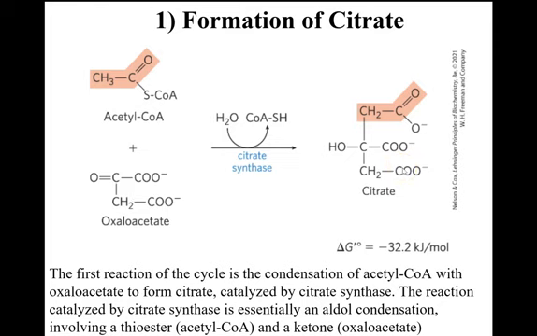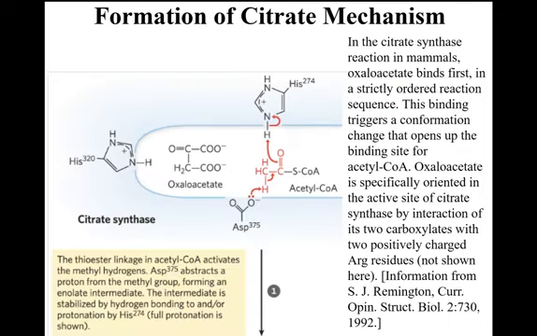So the first reaction of the cycle is the condensation of acetyl coenzyme A with oxaloacetate to form citrate, catalyzed by citrate synthase. The reaction is essentially an aldol condensation involving a thioester, which is the acetyl coenzyme A, and a ketone, which is the oxaloacetate.